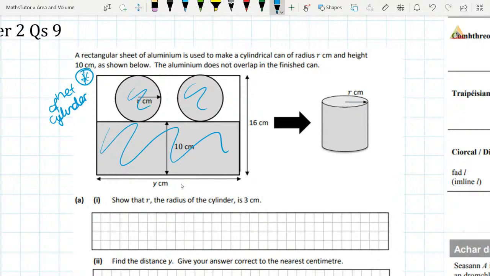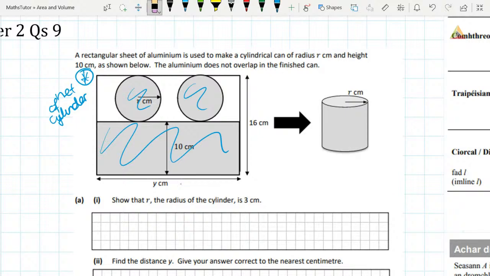Now, it's not a perfect net because if it was a perfect net, I should be able to just fold it and get that shape. But I can see that I can't do that here because my two circles are both on the top. I'd need to have one of those circles on the top and one of the circles on the bottom to be a proper net of the cylinder. So they haven't really given me a full net, but we have got what the shape looks like when it's flat, and that's what we're going to work off here.